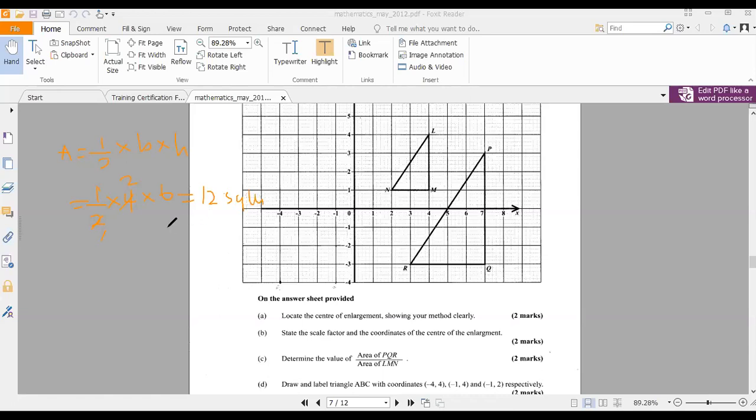Now, they say the element. So the other element is the same thing. The area for that one is going to be half, but the base is 2 and the height is 3. Then the 2 cancels the 2 to get 3 square units.